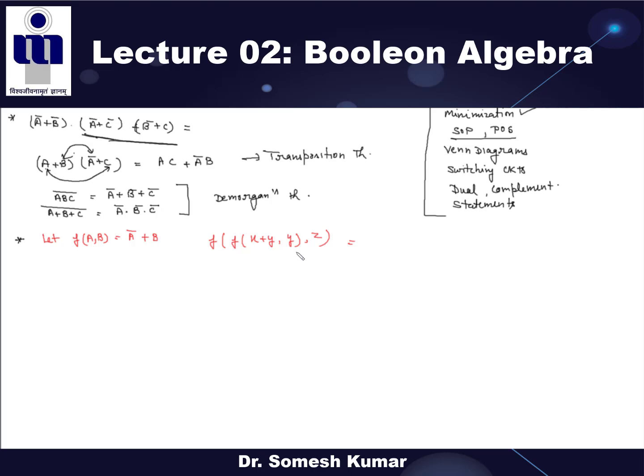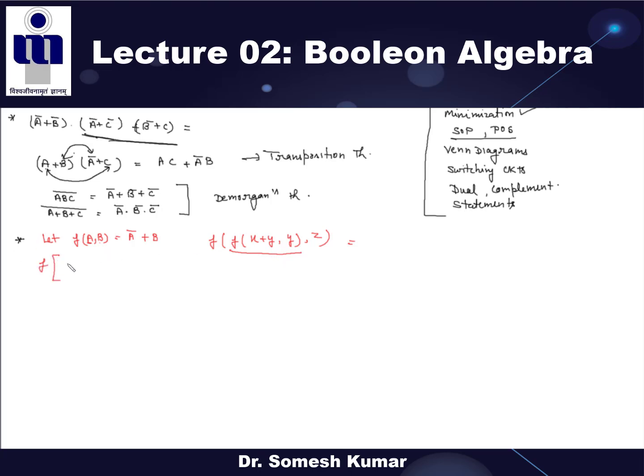How can you solve this function? See, the function is given as f(a, b) equal to a bar plus b bar, meaning the bar of the first variable plus the second variable. So first we will solve this inside function.